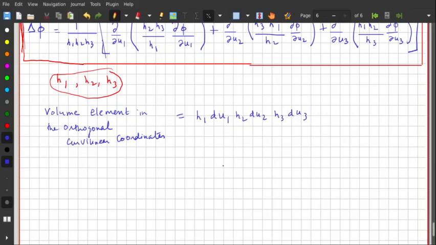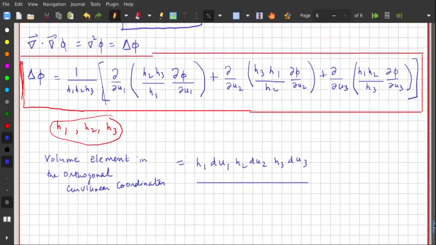That's the volume element. If we compare this with the volume element in each coordinate system which we had before, we will be able to figure out what h1, h2 and h3 are in general.